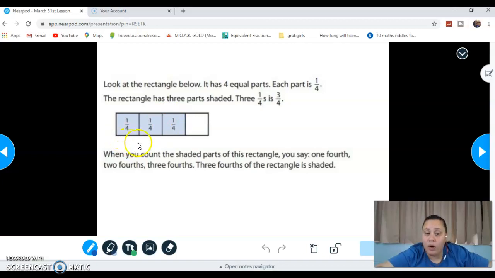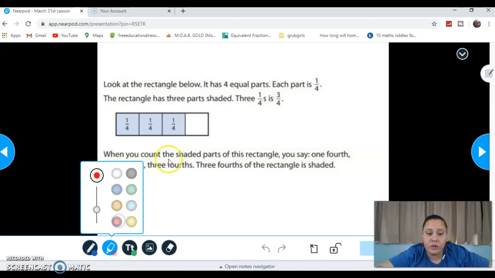So we're adding 1/4 plus 1/4 plus 1/4, and that's how we're getting 3/4. That's how I want you to understand how we're coming with the fraction 3/4. When you count, you want to count 1/4, and then you add another one, 2/4, then you add another one, 3/4, and so on.